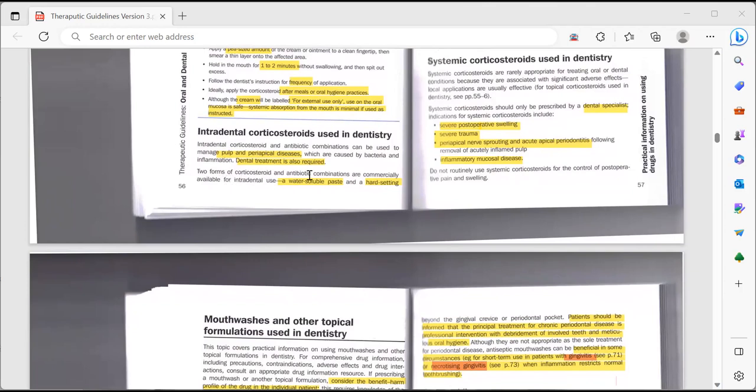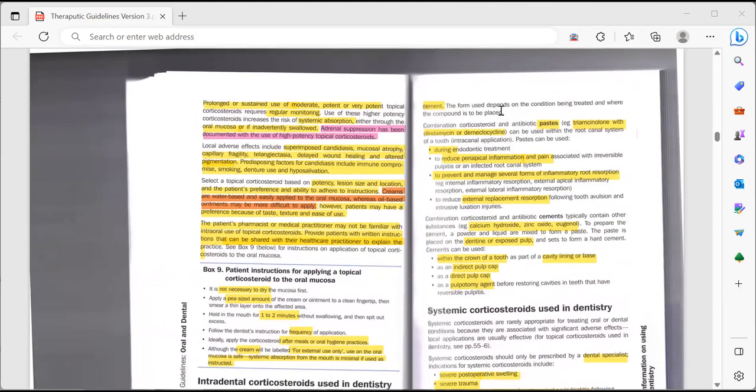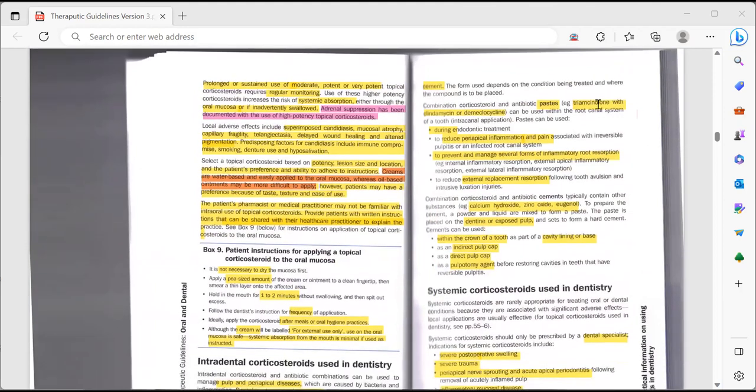Two forms of corticosteroid and antibiotic combinations are commercially available for intradental use: one is in a paste form and the other is in a cement form. The form used depends on the condition being treated and where the compound needs to be placed.